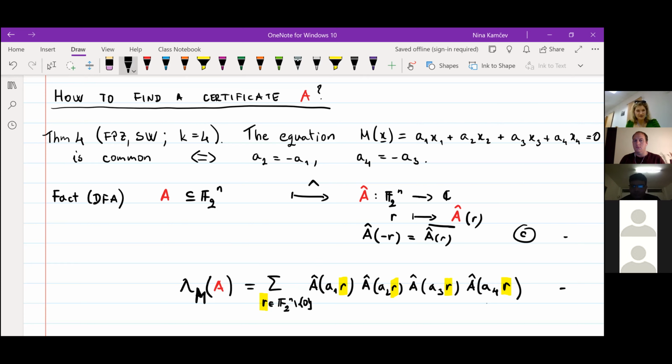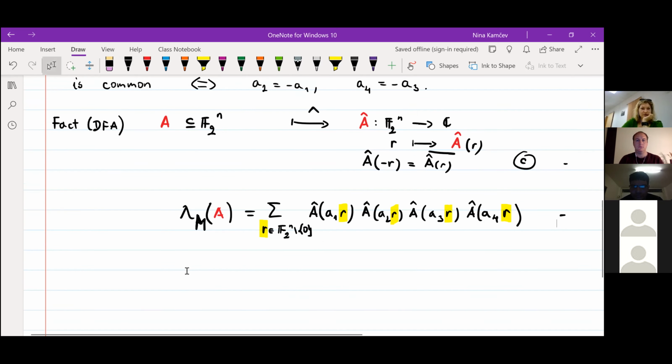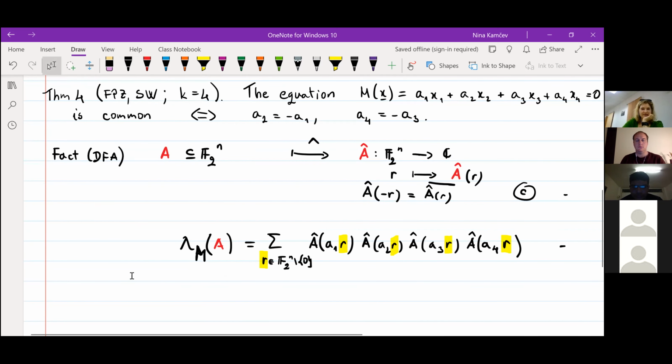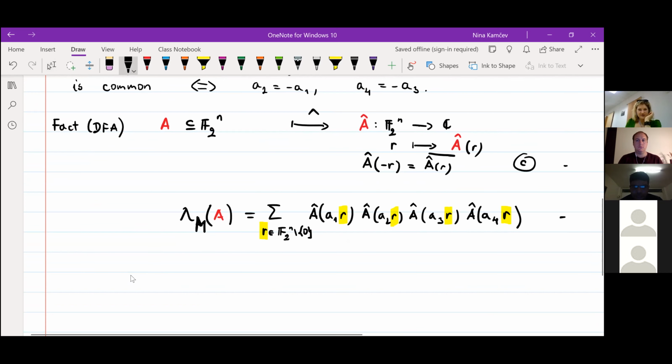Okay, so now how does this proof of Fox, Pham, and Zhao work? Or actually first the Saad-Wolf. Let's first show this direction: if the coefficients come in inverse pairs, then the system is common.